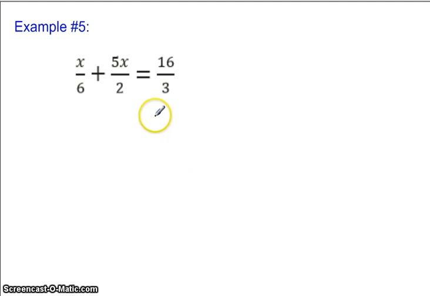Last example. We've got x over 6 plus 5x over 2 equals 16 over 3. With this one, again, we want to find the least common denominator between 6, 2, and 3. In this case, the least common denominator is going to be 6. When I go to multiply, the x over 6 is done, so I'm just going to leave that alone.